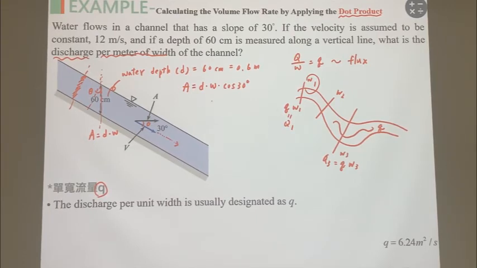Okay, so we know the Q. So we also know what the velocity is. The question tells you the velocity is always a constant value, 12 meters per second. What is the physical meaning? This means the flow is uniform flow, right?